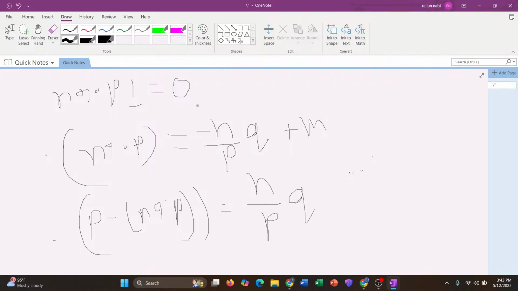Only that way we can satisfy the condition that the whole sum of the array will be m.